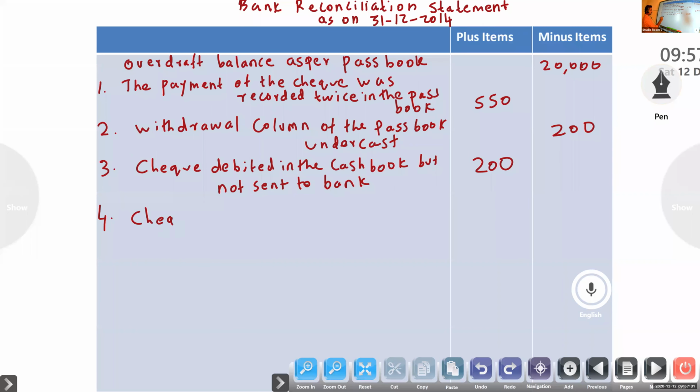Check deposited but dishonored. So dishonor, you know, passbook decrease, so plus.